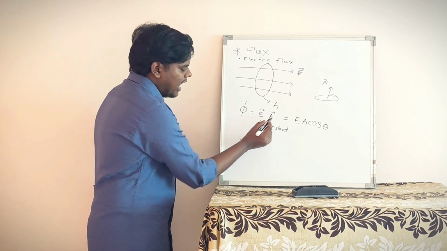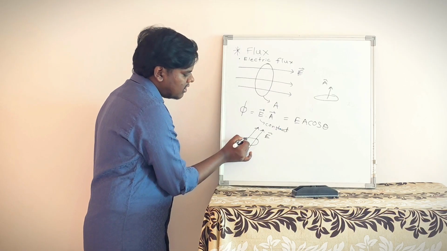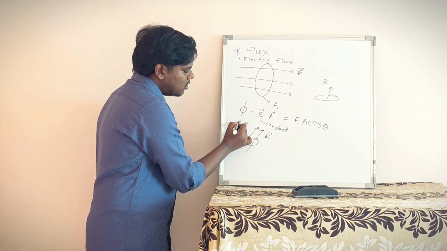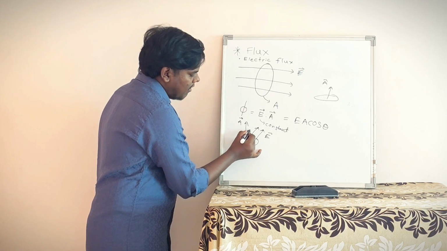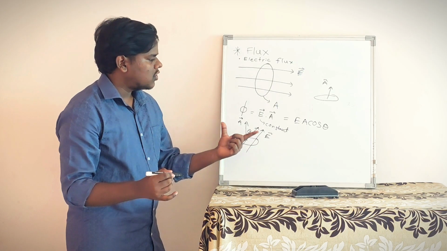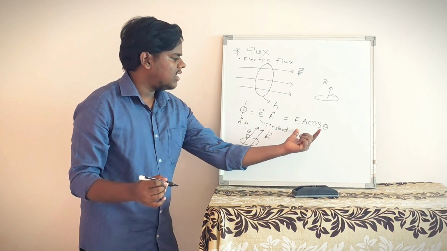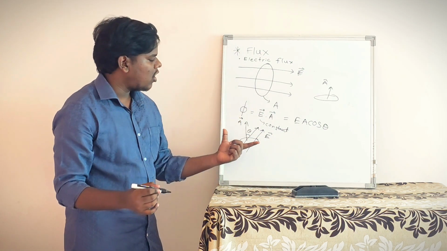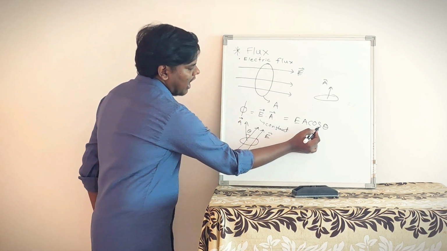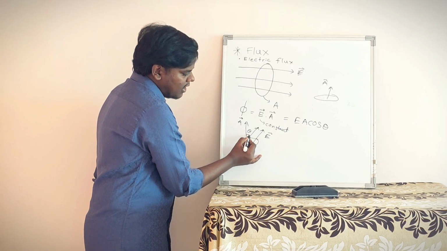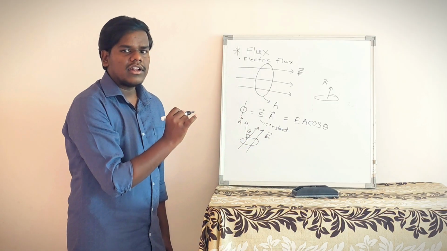So now the area vector will be in this direction. Between electric field vector and area vector, let's say the angle is theta. So in that case, flux we can write as EA cos theta, basically the dot product between area vector and electric field vector. So this angle is between area vector and electric field vector.